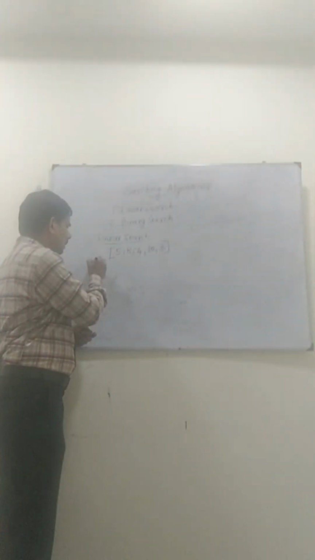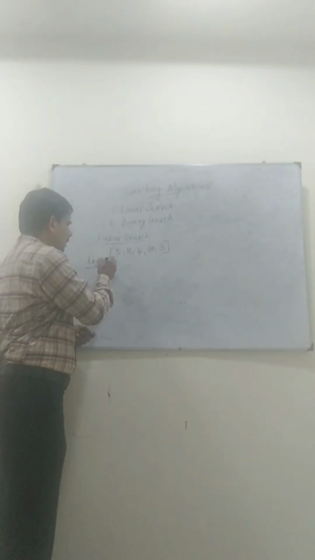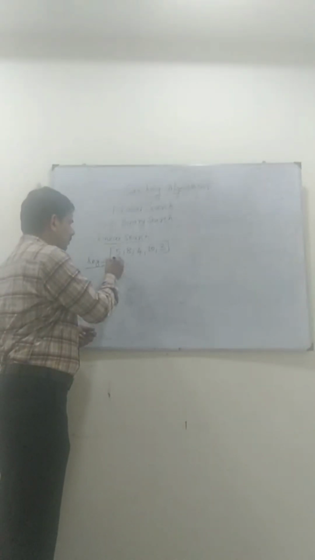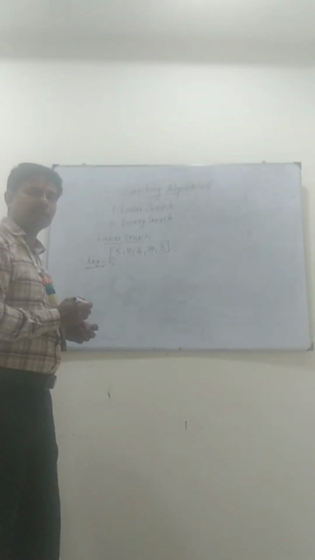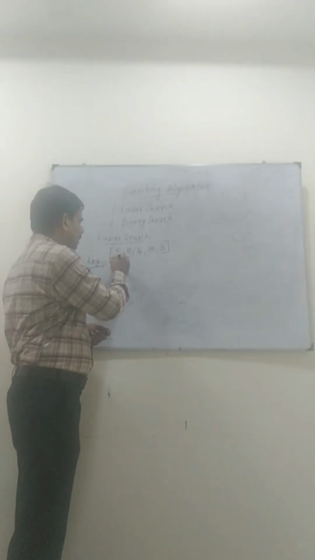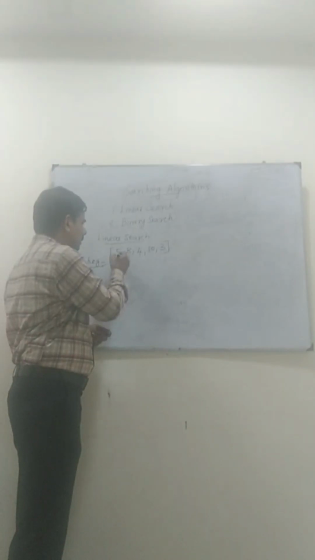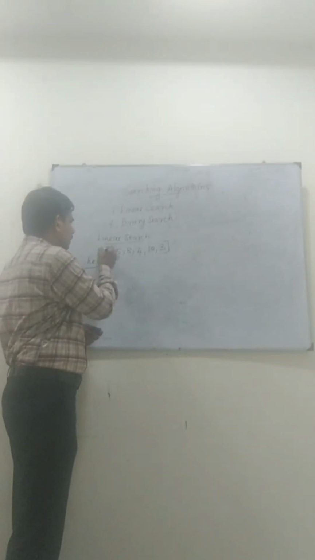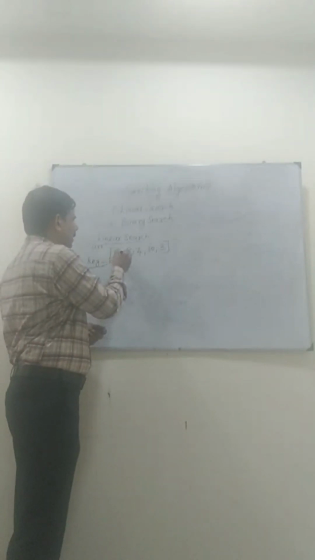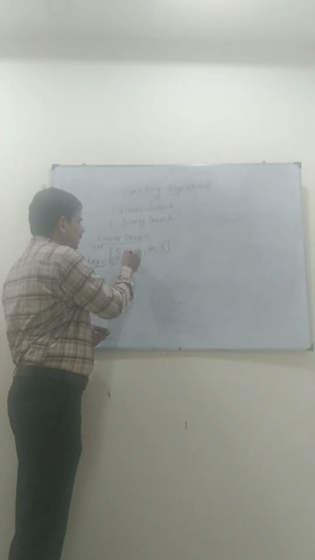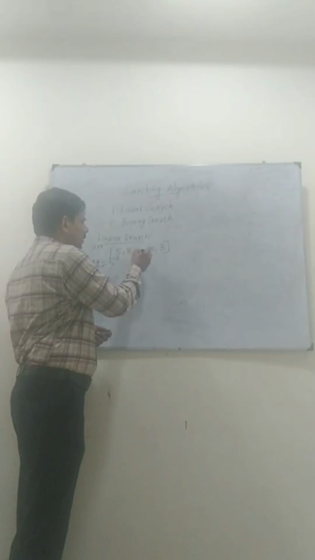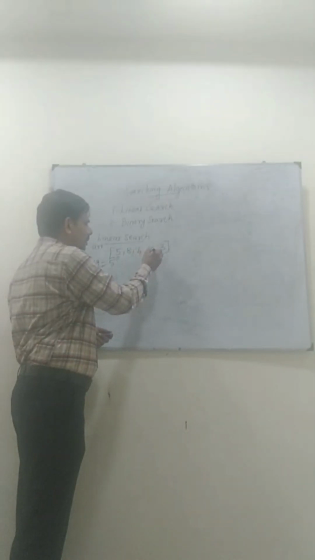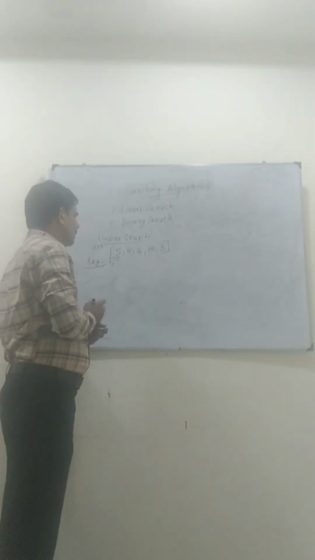Suppose the key element is, for example, 5. First, compare it with the first element. This is the array ARR, with index 0 holding 5, then index 1 holding 8, next 4, next 10, and next 3.